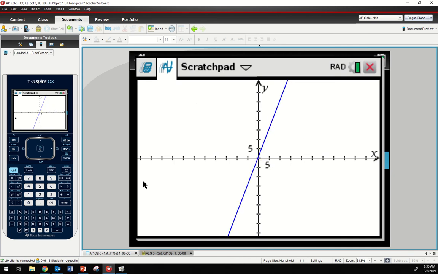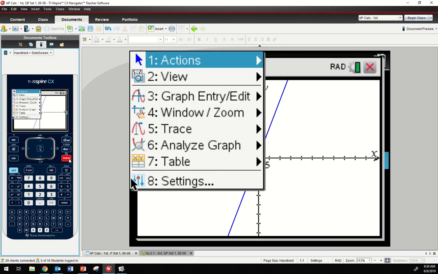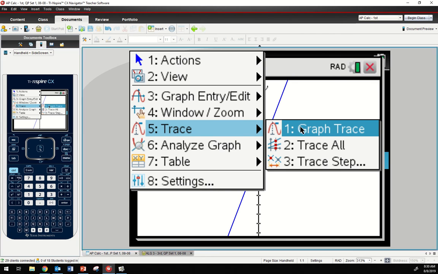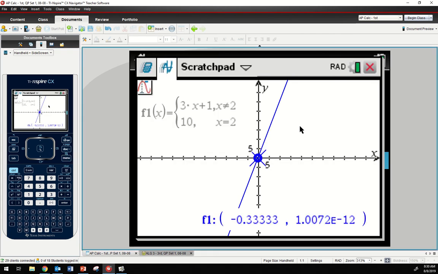Now watch this. This is a neat trick for this calculator. I'm going to do menu, trace, and it gives me a bunch of different stuff. Now, instead of trying to find it on the little slider thing, just hit the number 2.